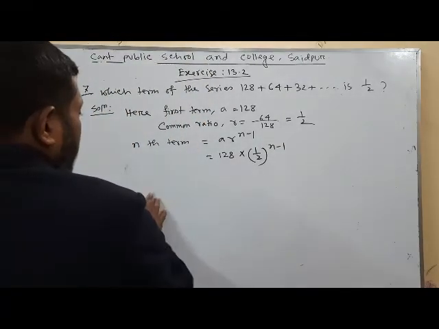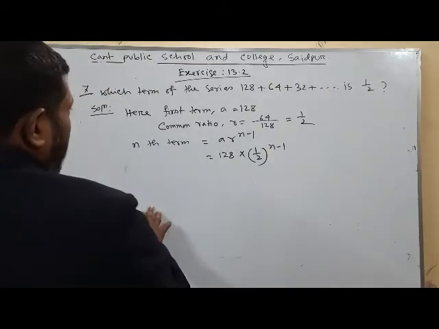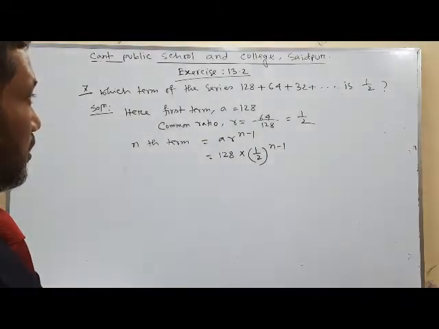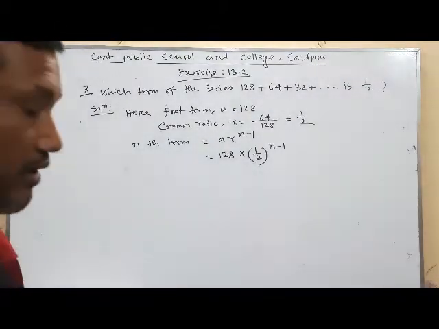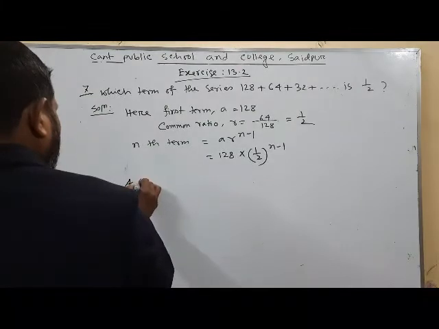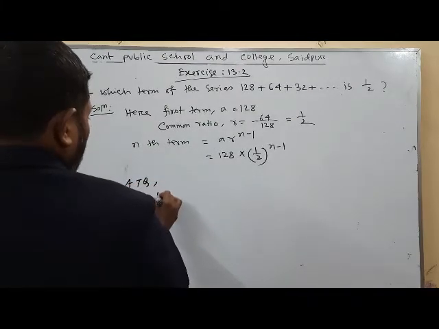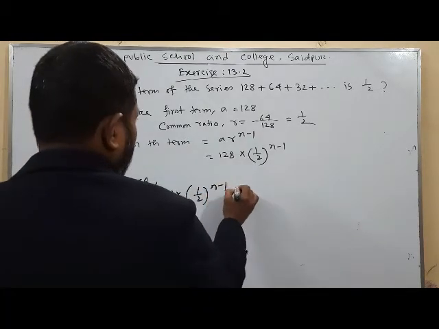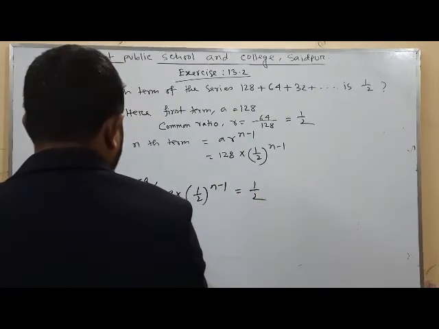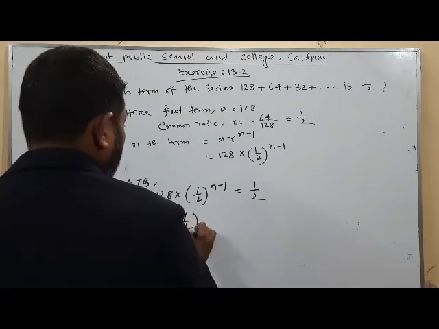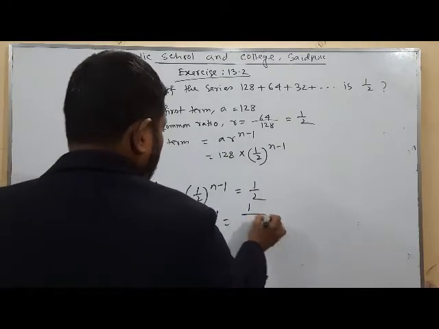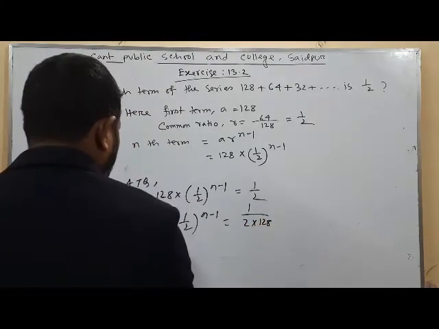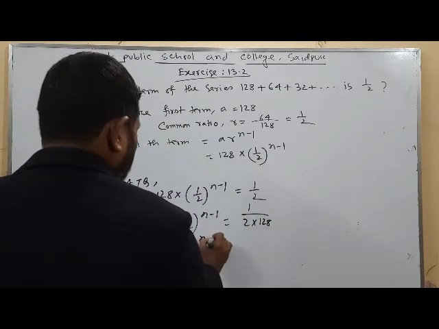According to the question, I have to find the value of n, then I will get the number of the term whose value is half. According to the question, 128 multiplied by half to the power n minus 1 is equal to half, or 2 multiplied by 128 equals a half to the power n minus 1.